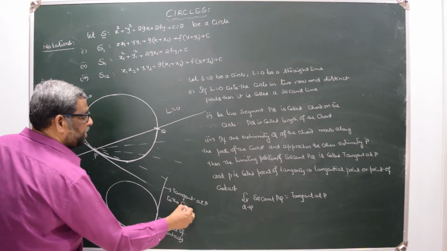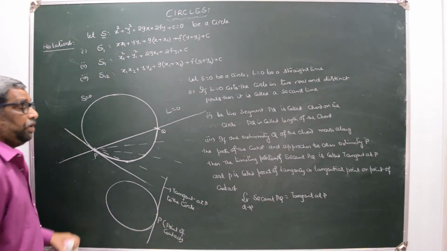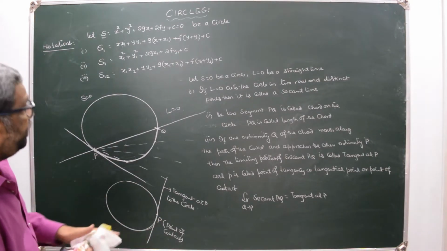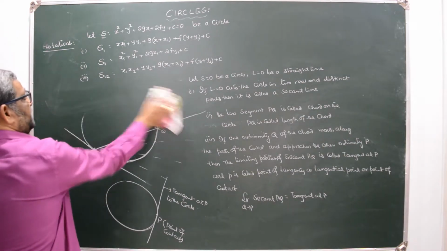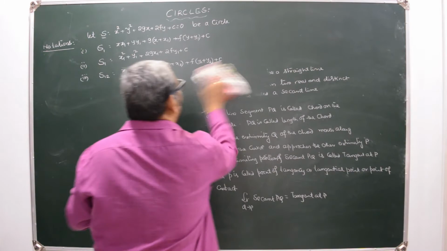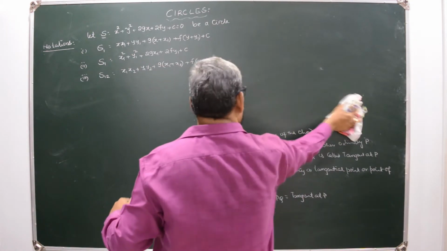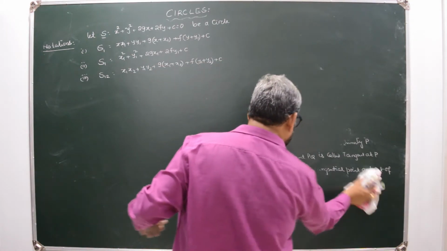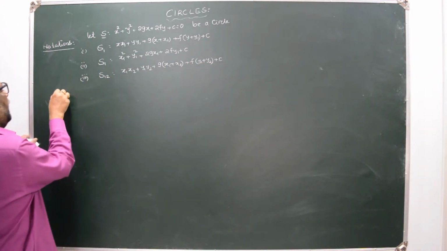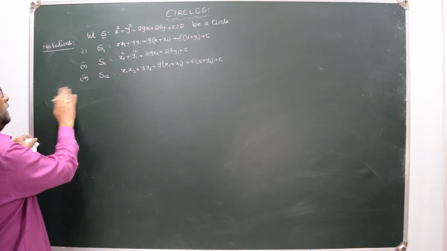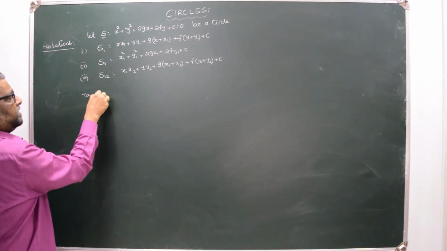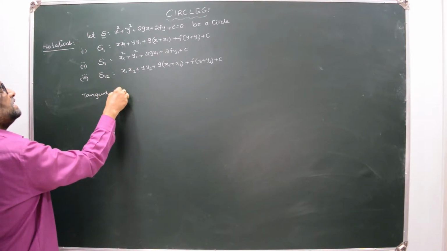So this is about the tangent and secant. Now I'll consider the definition of the tangent in a different way also. Tangent to a circle.